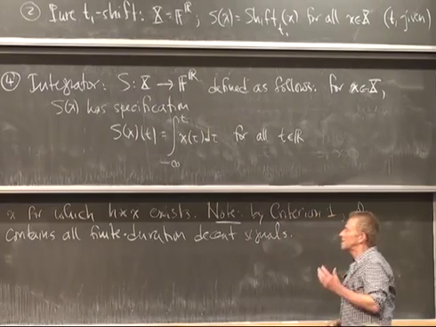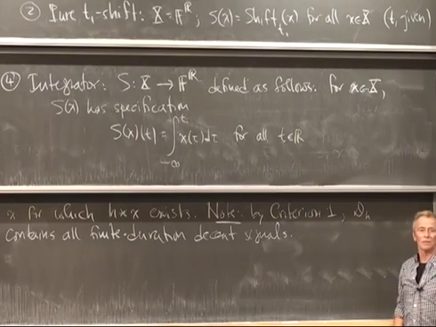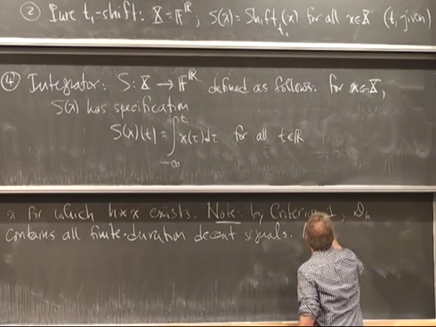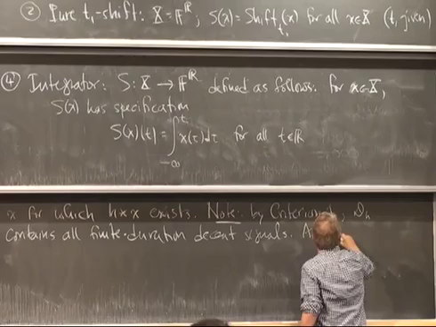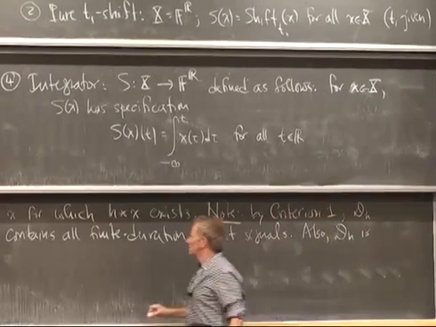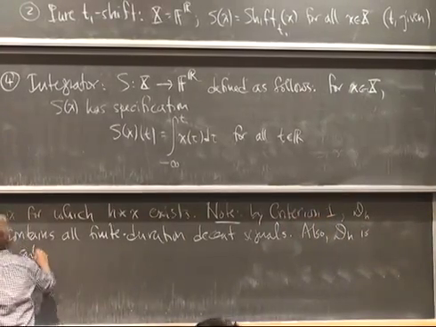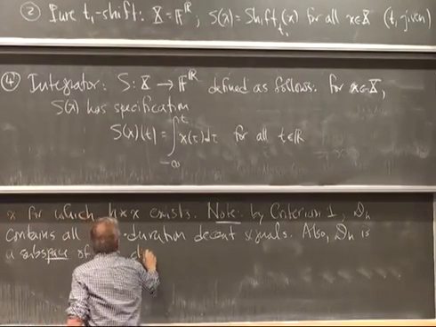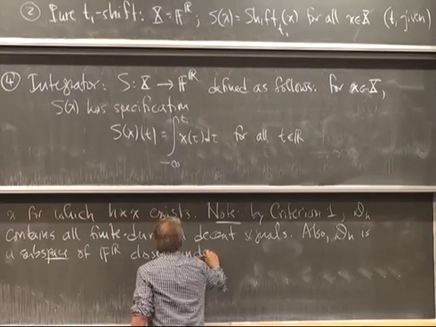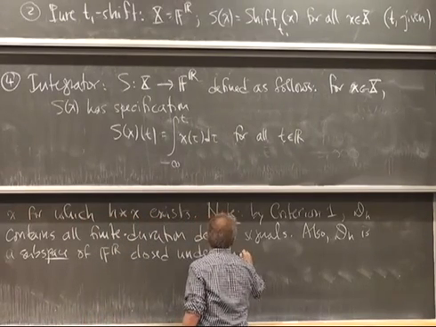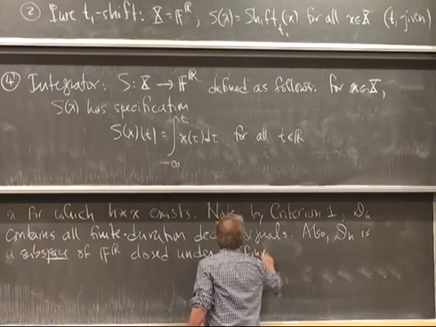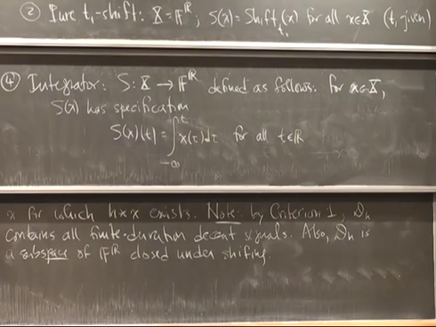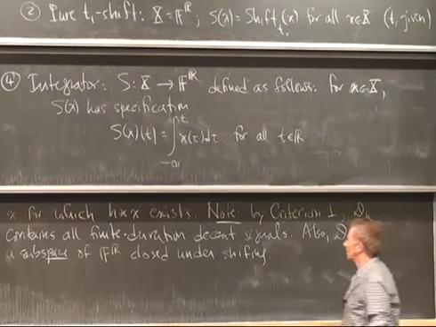And furthermore, it's easy to show that D sub H is a subspace of F to the R and that it's closed under shifting. So now that we know those two or three or whatever factoids about D sub H, we know that D sub H is suitable as the input signal space for an LTI system.